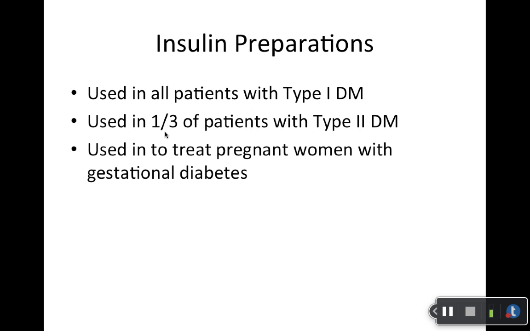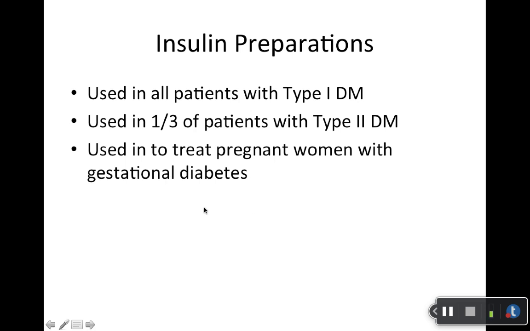Are you not? Are they old? Are they young? So you may have the majority of your type 2 diabetic patients on insulin. Don't necessarily get hung up on the third of patients; this is just kind of an older stat. But definitely for type 1, always think about exogenous insulin, because they will need that.